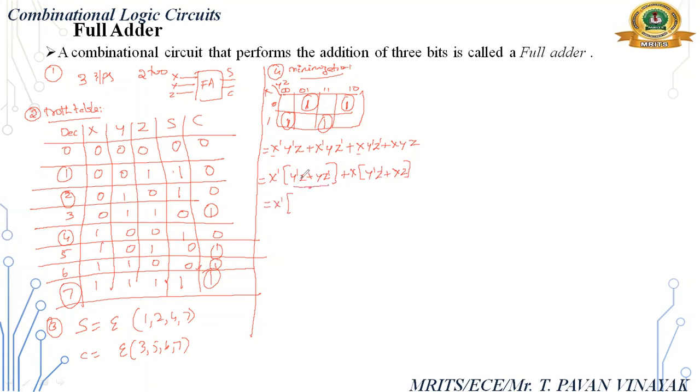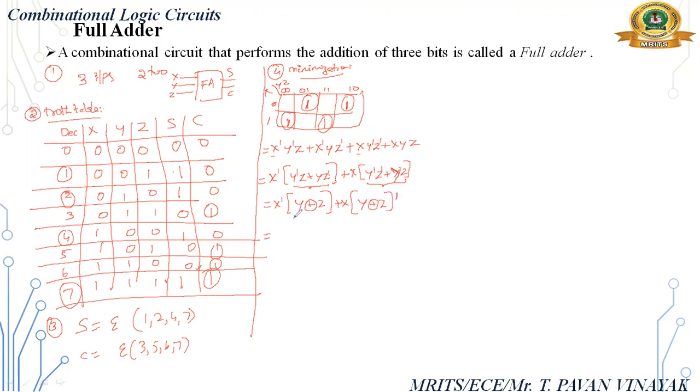Observe this one. This is an XOR operation, right? So y XOR z, plus this one is an XNOR operation, right? XNOR means XOR complement.